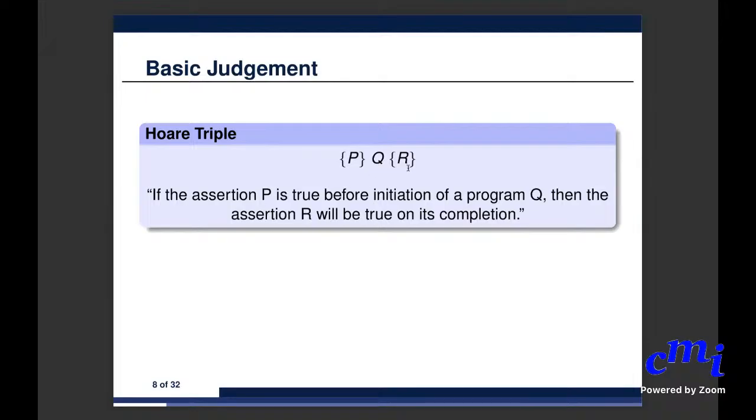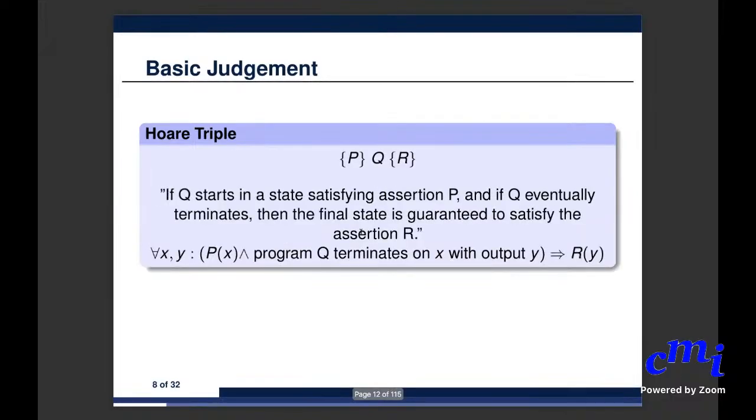This Hoare triple, when viewed as a formula, is true if the assertion P is true before you start executing the program Q, then the assertion R will be true on its completion. What does that mean?